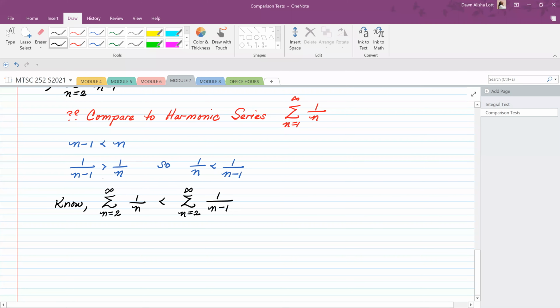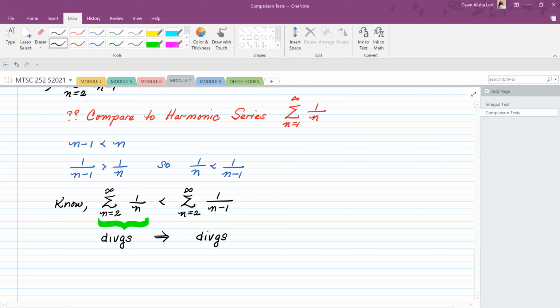Well, the series over here diverges. So that implies this one also diverges because it's bigger than a divergent series.